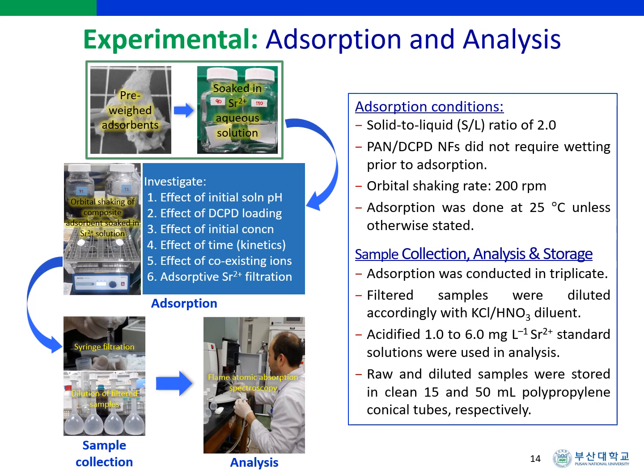The feed was delivered at different flow rates of 0.05 to 0.2 milliliter per minute using a syringe pump. The same procedure was used to evaluate the adsorptive dead-end strontium filtration performance of pure PAN nanofiber. The collected permeate samples were analyzed for strontium concentrations to calculate the removal efficiencies.